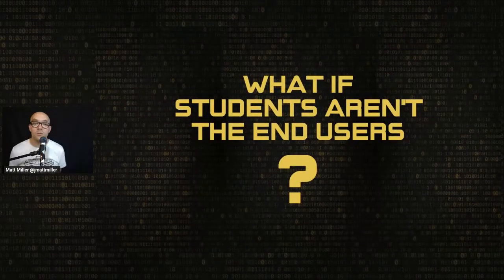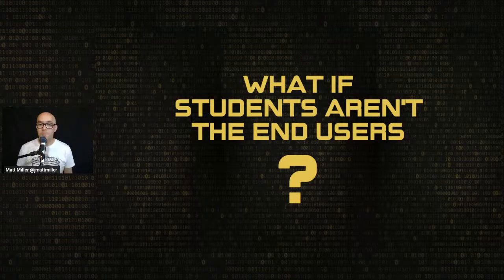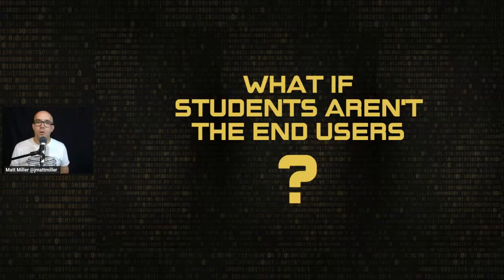What if the students aren't the end users? There's a whole different string of things that we could do with this. But if we think about those terms of service, those terms of use, when you're using specifically ChatGPT, but with lots of these AI assistants, if your students aren't old enough to use it, think about it this way.